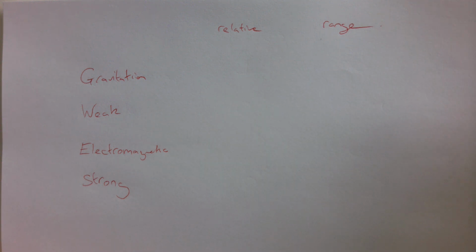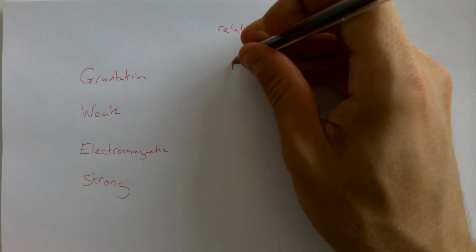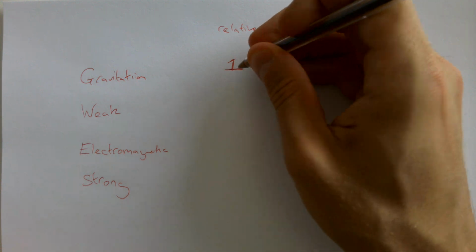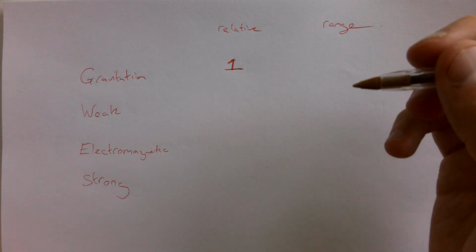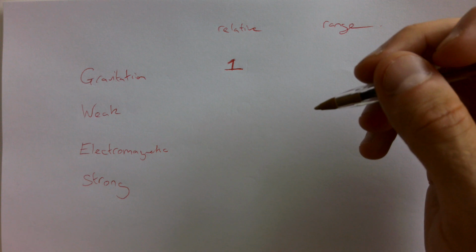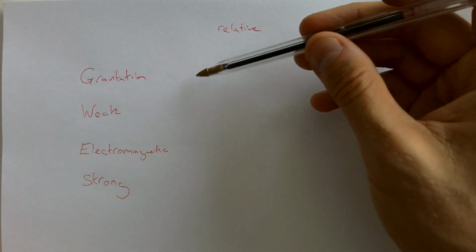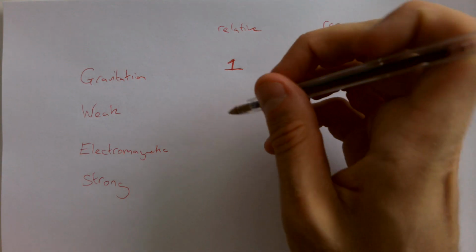So let's start off with gravitation here. Gravitation has a relative strength of 1. Okay, it has a relative strength of 1. So we can use this as a starting point to then compare the others.